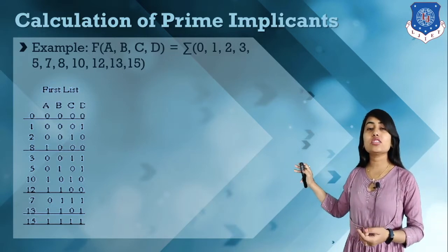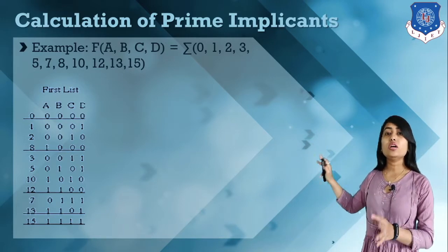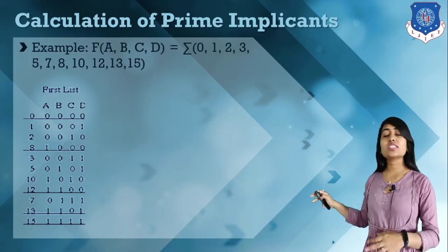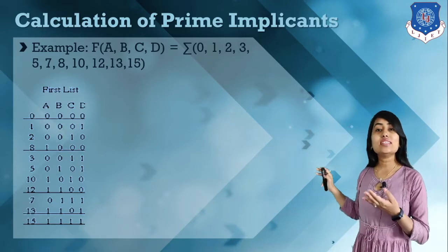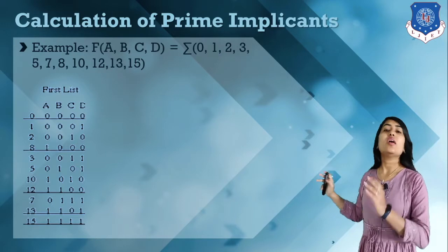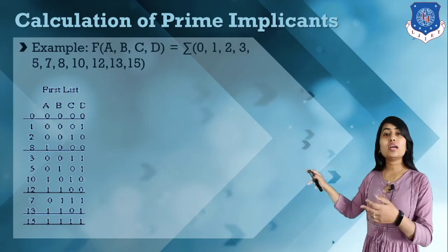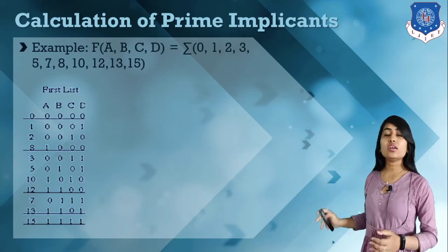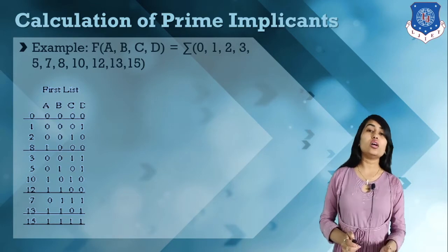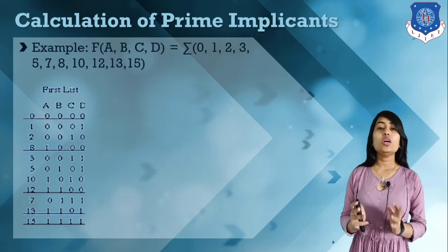Then the next is number of ones 3 times: 7 and 13. Then at last, the number of ones is 4 times in 15. So here we mark the groups, and write these groups in ascending order by the number of ones: 0 time, 1 time, 2 times and 3 times.